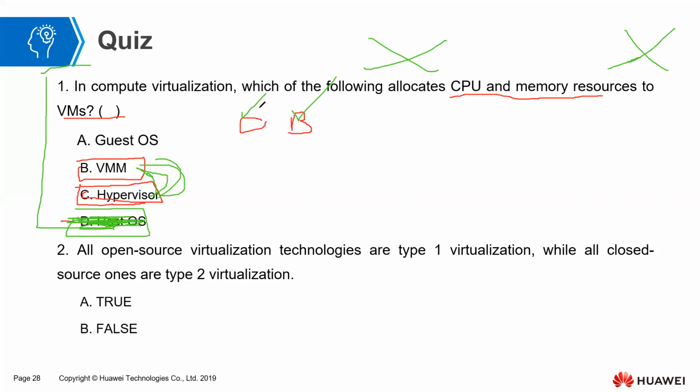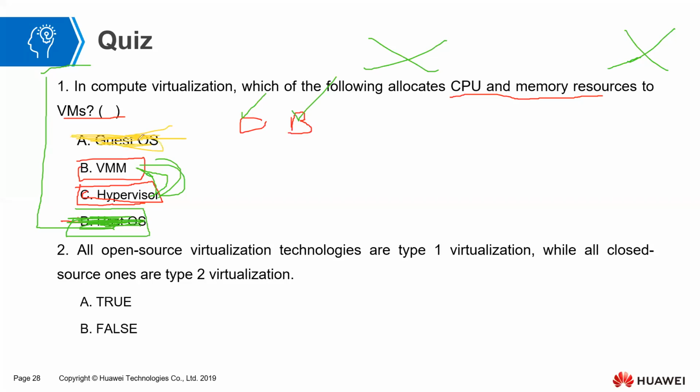As you look at the question, read through, and I would actually prefer that you use the elimination method. Ask yourself, does the guest operating system allocate CPU and memory sources to the virtual machines? True or false? It is false, so we eliminate this one out.